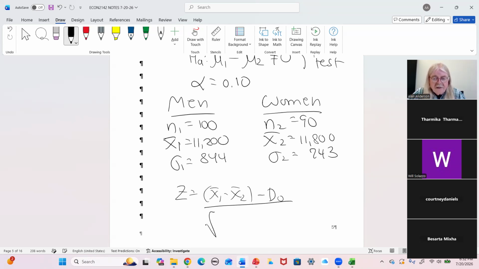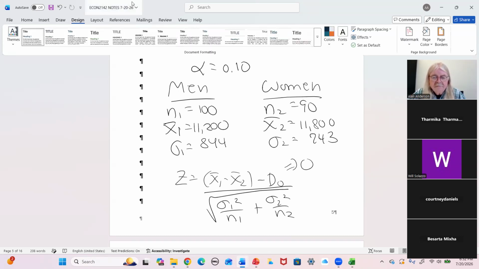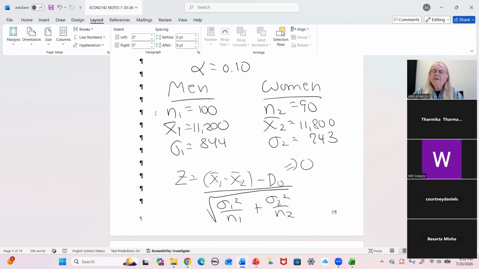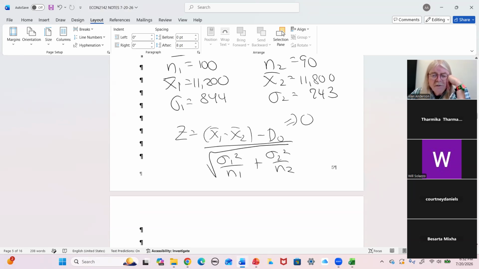Everything's the same except that it's just population standard deviations. The calculations are the same. This is 0. The important difference is that the critical values will be chosen from the standard normal instead of the t. That's really the main difference. All right, so let's figure out our test statistic.